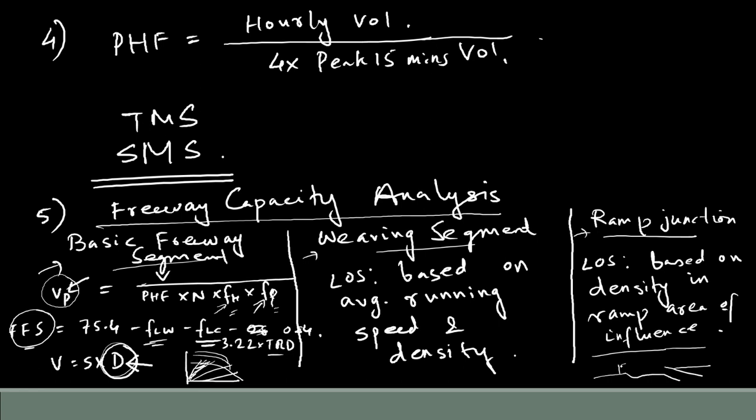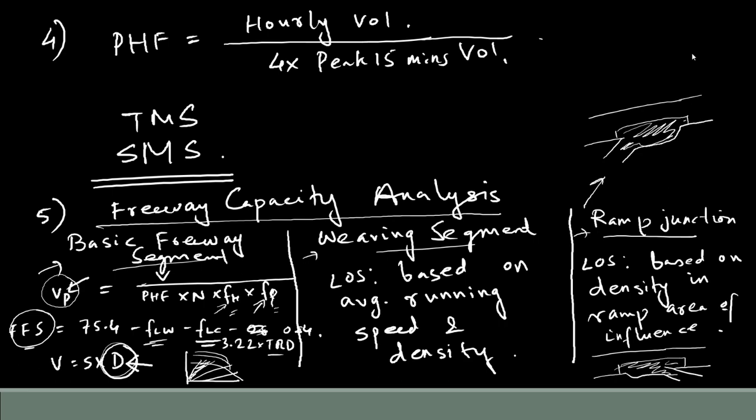The area of influence will be this much portion if it's an exit ramp. And if there is an entry ramp like this, then the area of influence will be somewhere like this.